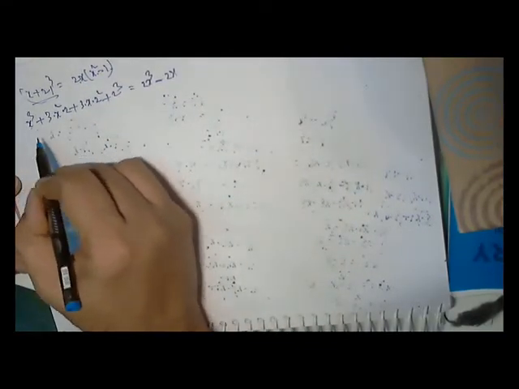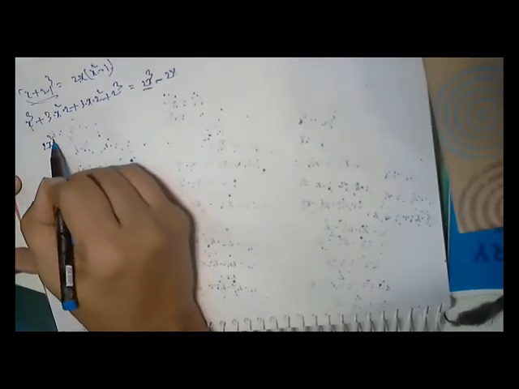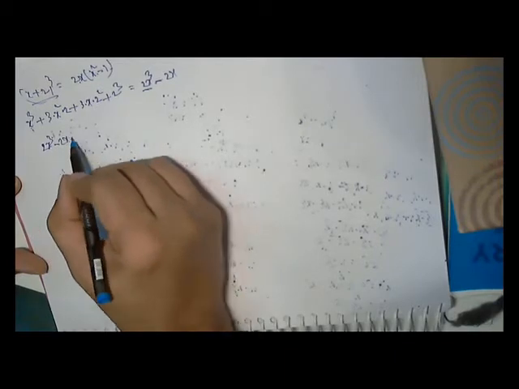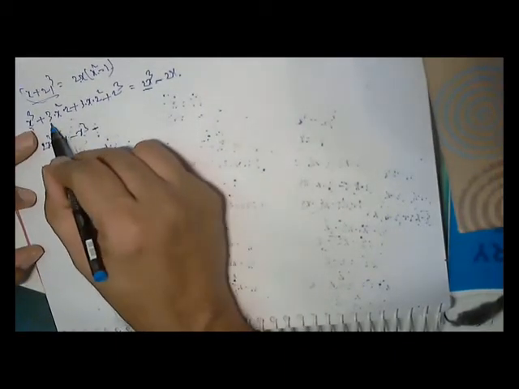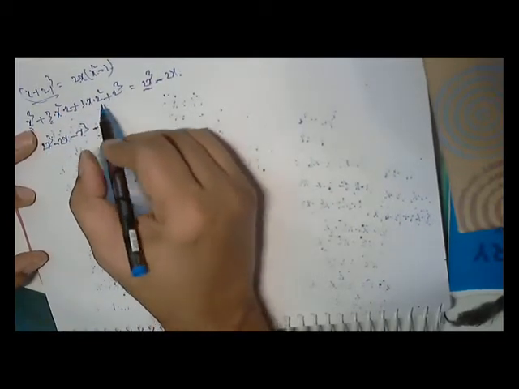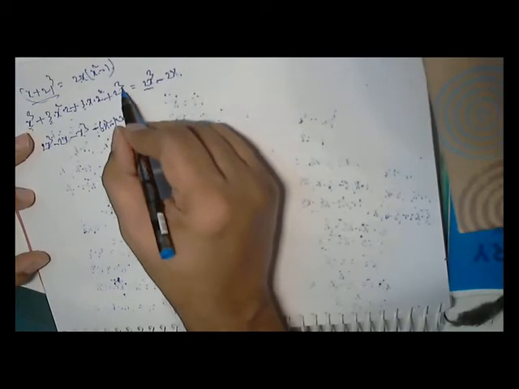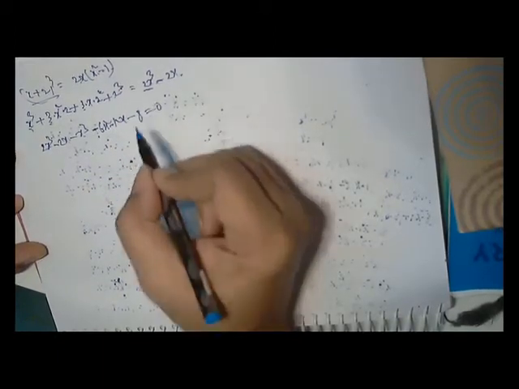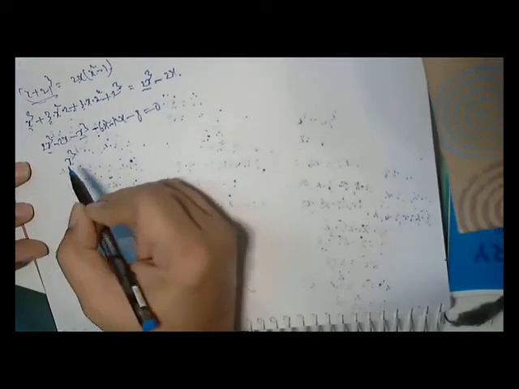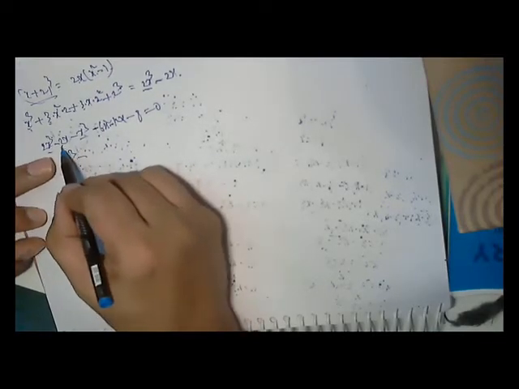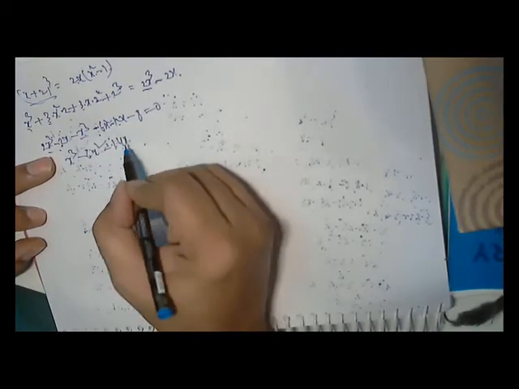So here it is becoming 2x cube, and this x cube goes to the other side. So 2x cube minus 2x minus x cube, minus 6x squared minus 12x minus 8 equal to 0. So what does it become? x cube minus 6x squared minus 14x minus 8.